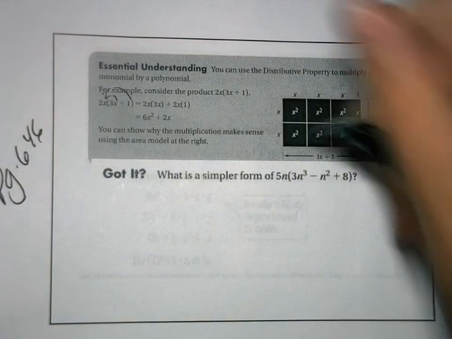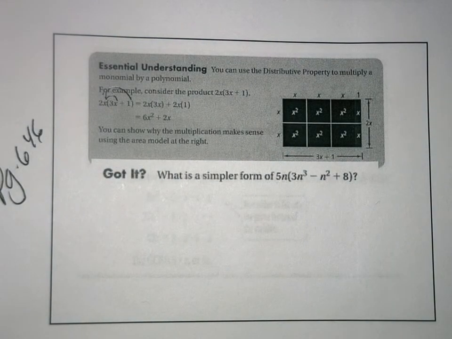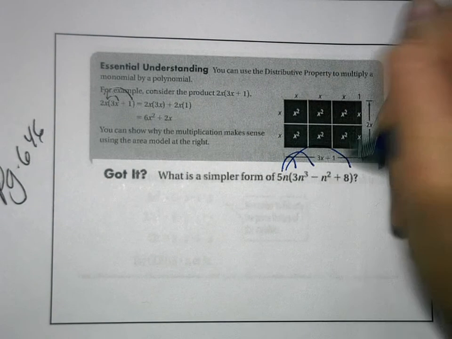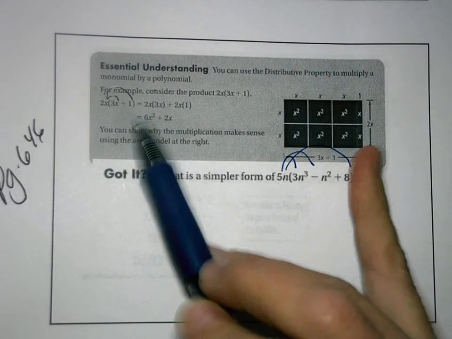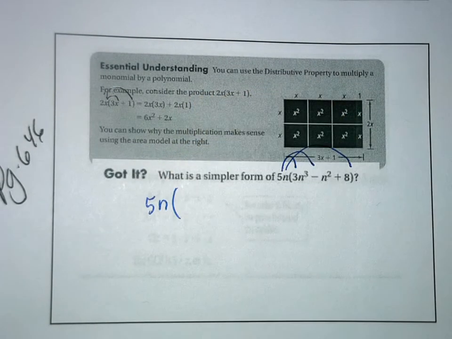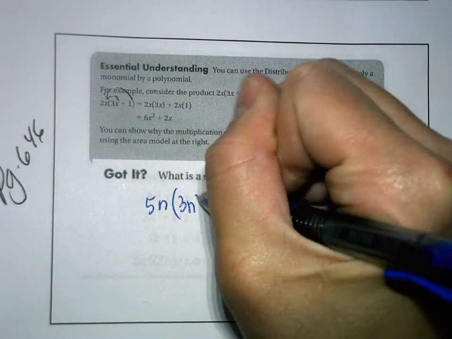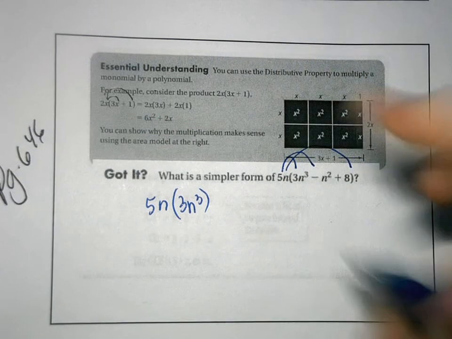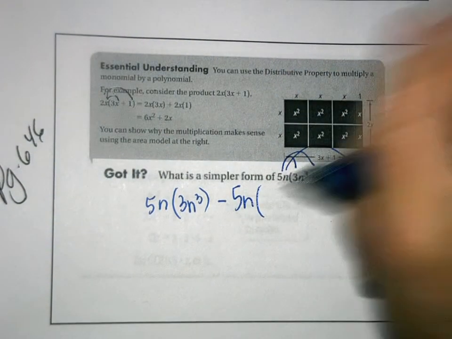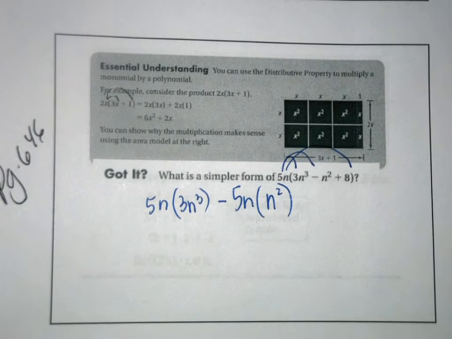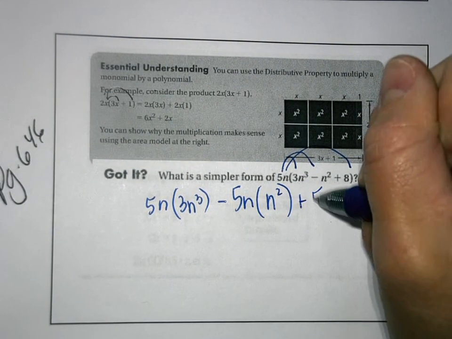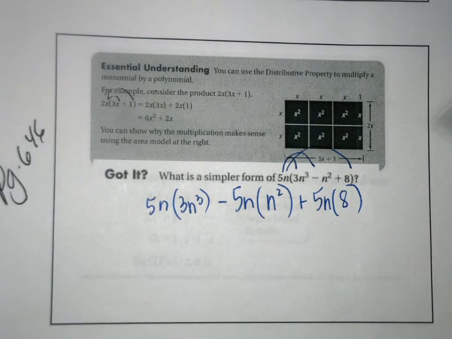All we're doing is distributing the 5n to each of the terms. To make sure that we do not mess up, I would suggest writing it out just like they did here. So we write 5n times 3n to the third, and there's a minus sign, so we write minus, and next we have 5n times n squared, and this is a plus sign, so I put plus, and we have 5n times 8.